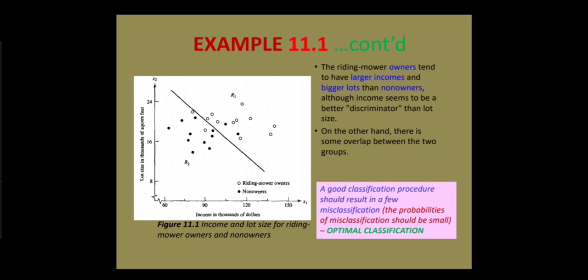If you can see here, on the x1 axis, most of the clear dots tend to be on the right side, which means larger income.